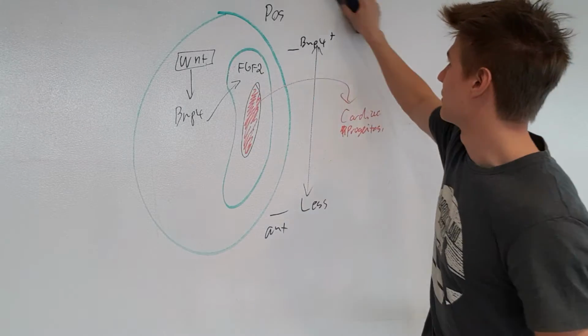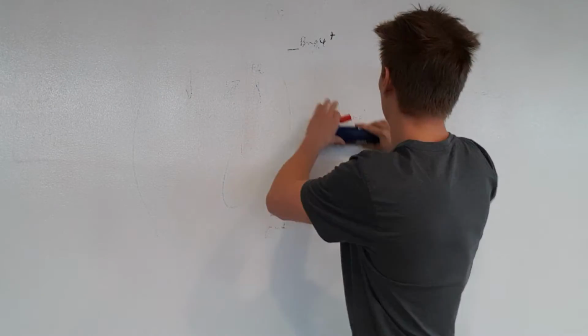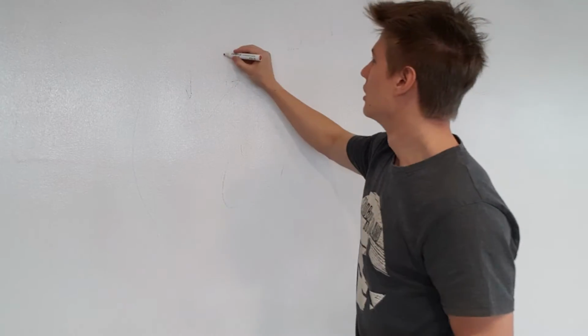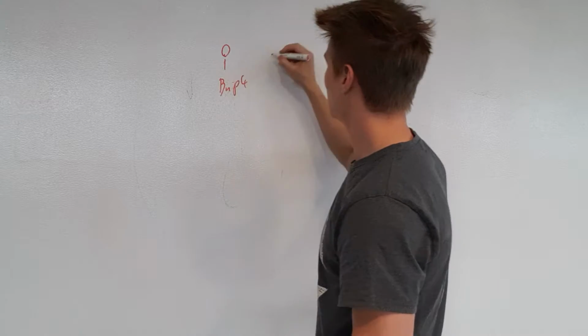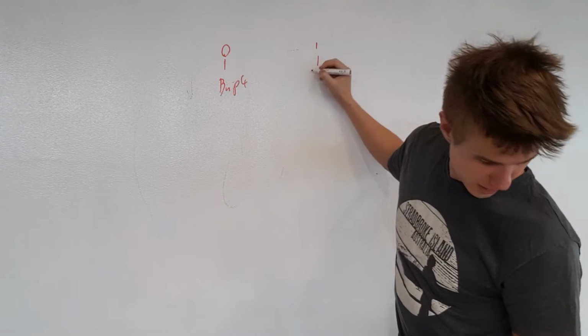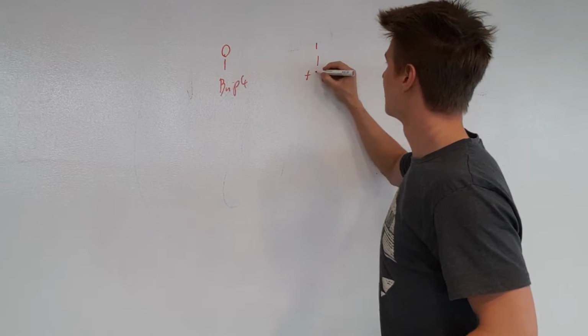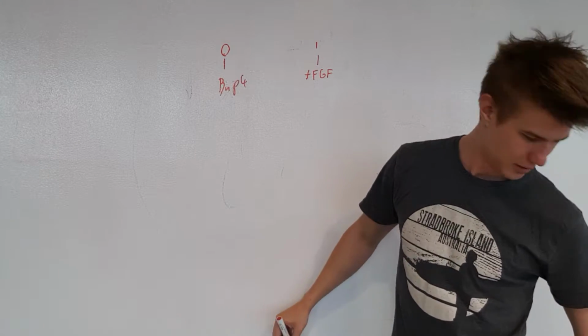Okay, next thing. I'm just going to show you a quick timeline of differentiation. It's not that important, but on day 0, we have BMP4. On day 1, we have BMP plus FGF. Is that beta FGF? Yeah.